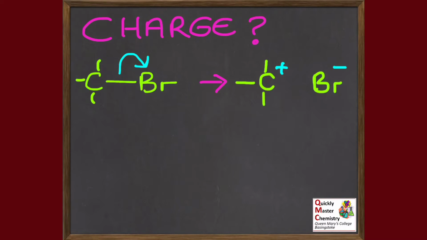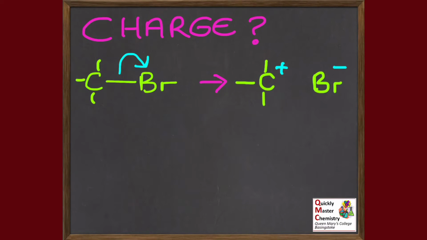And so just to explain exactly what's going on here, if you think about it, the shared pair in the C-Br bond, one of those electrons came from the carbon and one from the bromine. So when both of them go onto the bromine, that means the carbon is losing the electron that it had in that shared pair. When you lose an electron, you become a positive ion, or you become one step more positive.